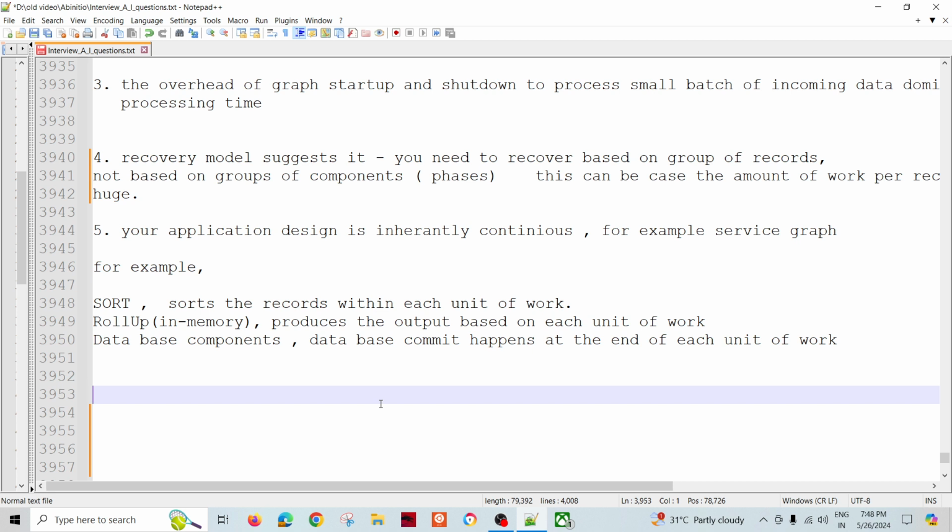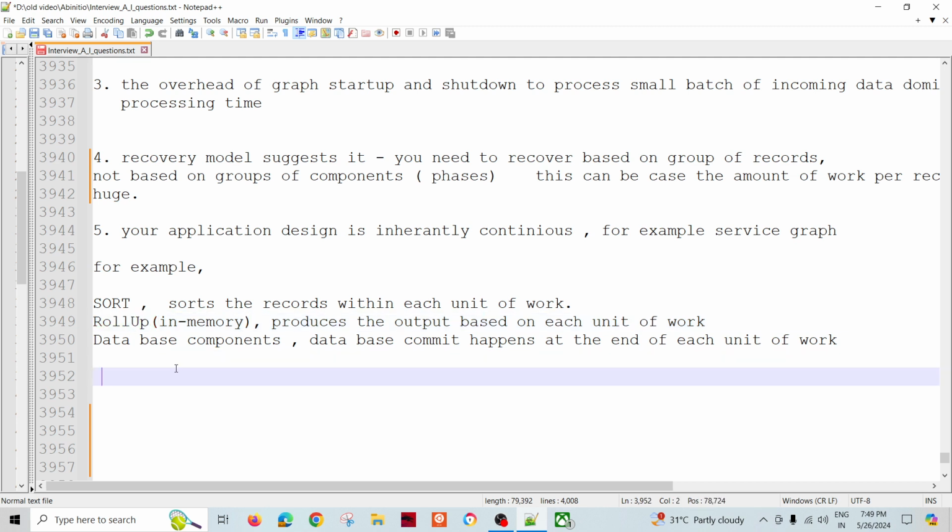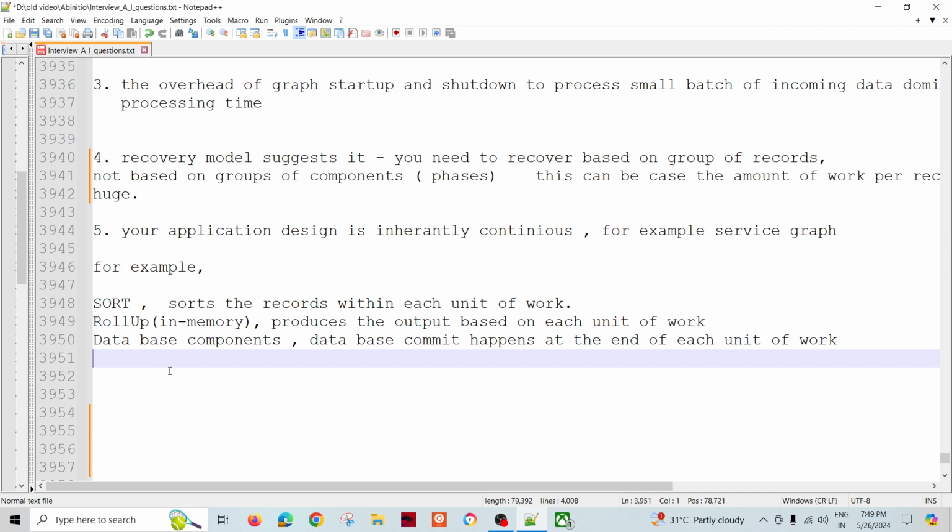So after 10 records the next group starts, right? But continuous rollup can also be configured based on key group, as well as the unit of work, right?